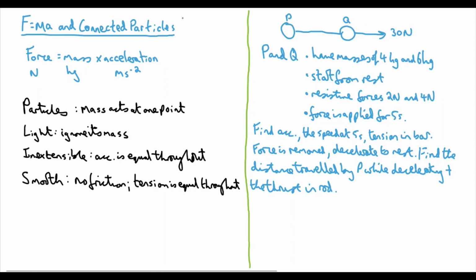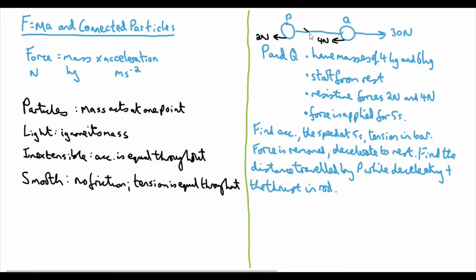Alright, so first of all, if we're looking for the acceleration, then we need to make sure that all of our forces are noted on the diagram. So P is having a resistive force of 2 newtons, and Q is having a resistive force of 4 newtons.